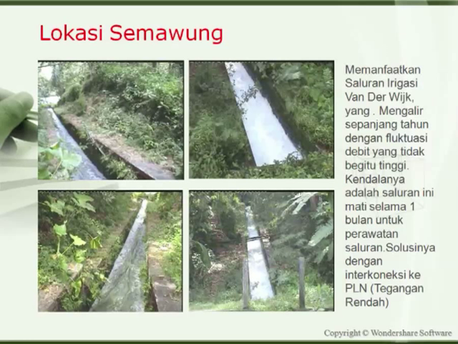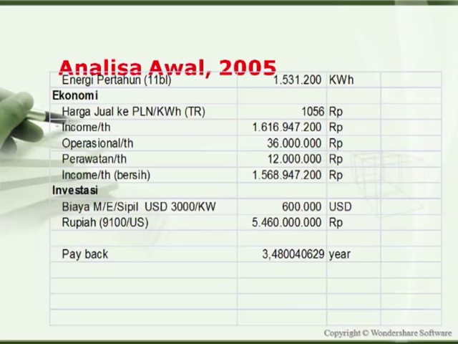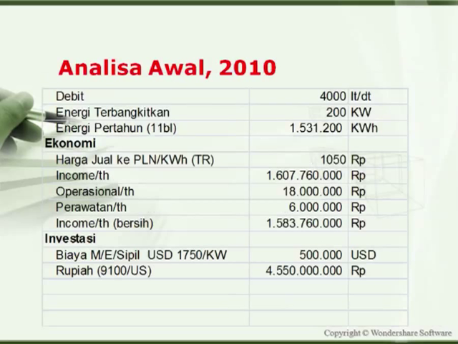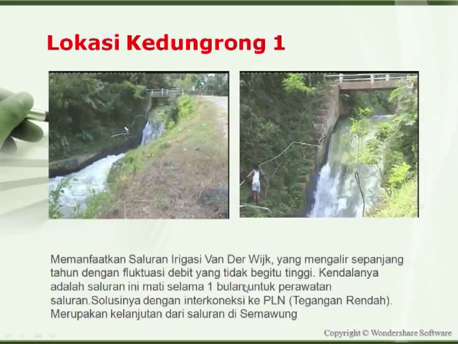You need some kind of drop, and you have a stable or enough velocity for the water again. I think this is the calculation we explained to you last week. You can see by yourself one by one how to calculate that. The payback period, you can also calculate here.